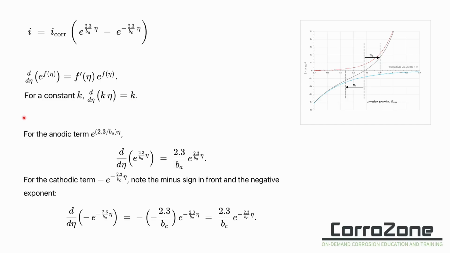For the anodic term, which is this first term here, the derivative equals 2.3 divided by Ba multiplied by e raised to 2.3 divided by Ba multiplied by eta. And similarly, for the cathodic term, the derivative with respect to the overpotential equals 2.3 divided by Bc multiplied by e raised to minus 2.3 divided by Bc multiplied by eta.